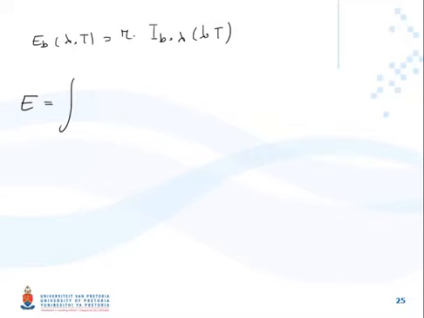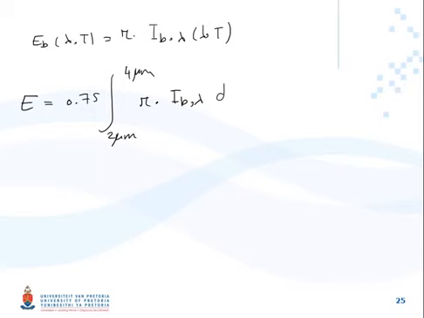If you remember, we said previously that E b lambda at T is equal to pi I b lambda at T. So basically we can say that E is equal to 0.75 times the integral from 2 micrometer to 4 micrometer of pi I b lambda d lambda.